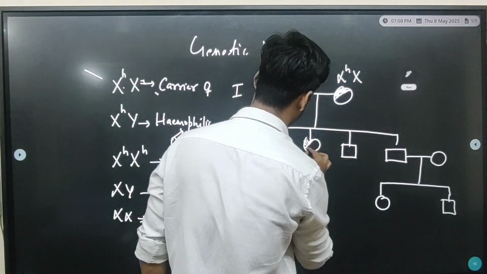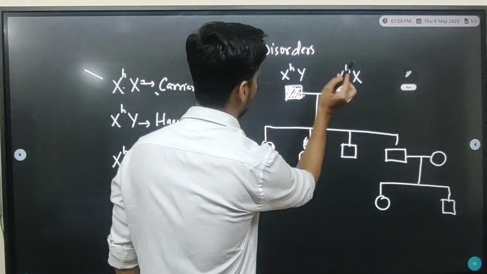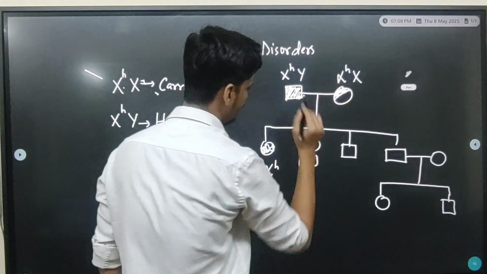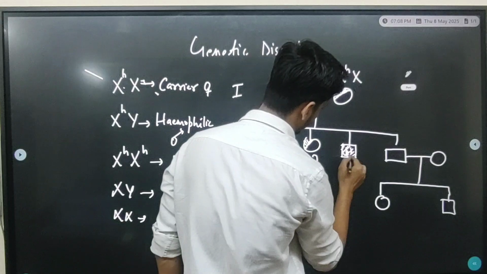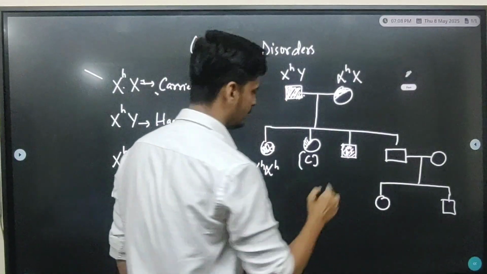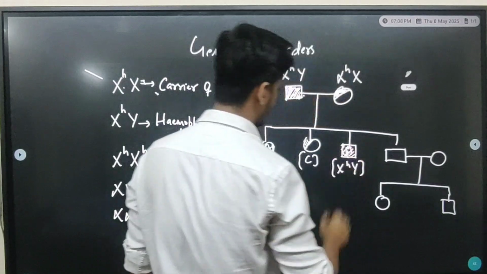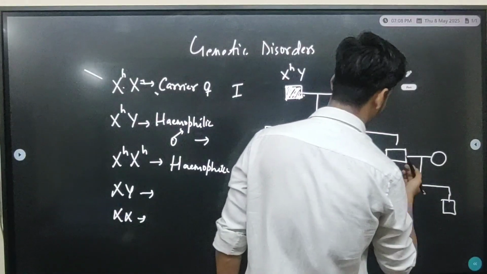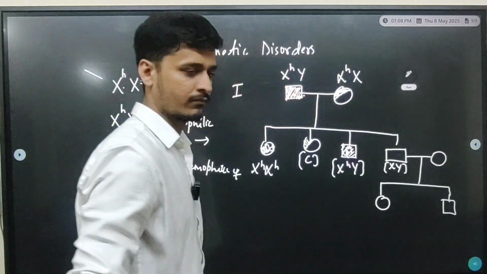One daughter will be a carrier, XHX. One male, XHY, will be affected, and this male will be normal.